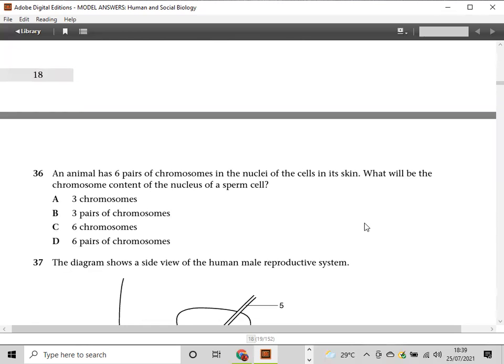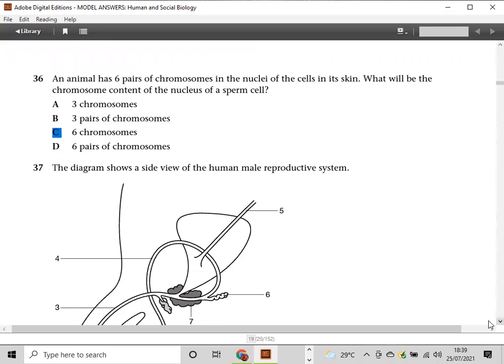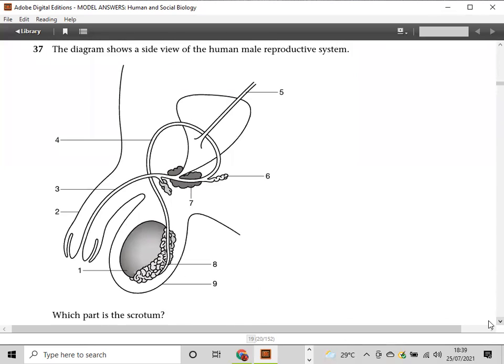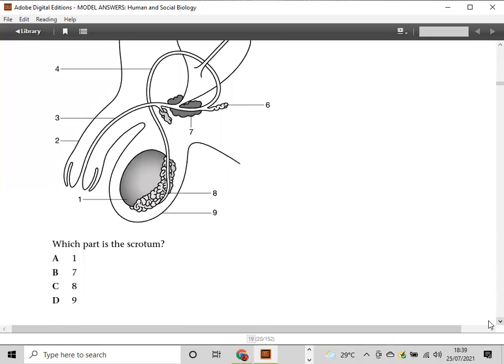36. In animals, if the chromosome content in the nucleus of a skin cell is 12, what will be the chromosome content in the nucleus of a sperm cell? And that is 6 chromosomes. On to 37. Which part is the scrotum?